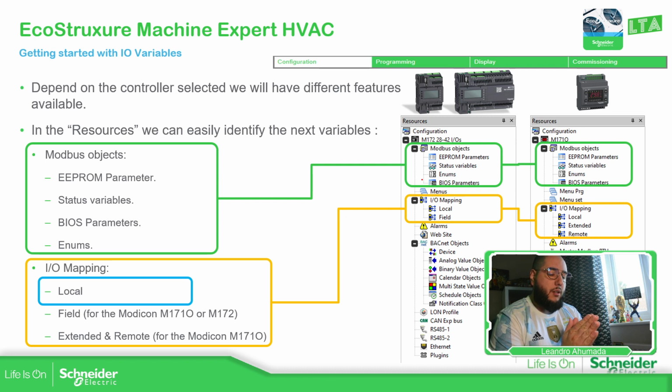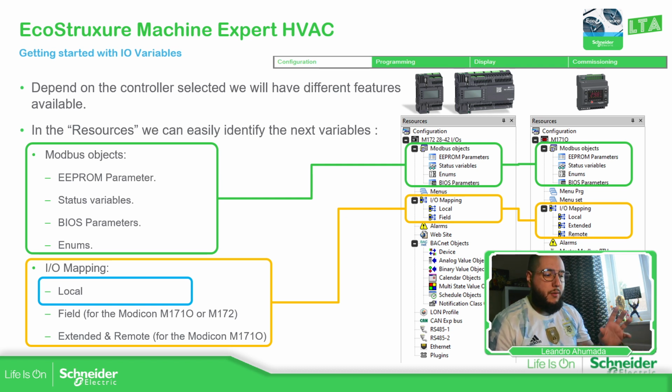But if we want to use the inputs and outputs of our controller in the project, the first thing we need to do is give a name or a symbol to each of the inputs that we have. Depending on the PLC, if we're using M172 or M171 optimized, we have different views on how to access the data.